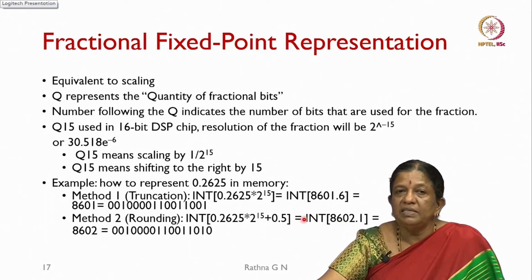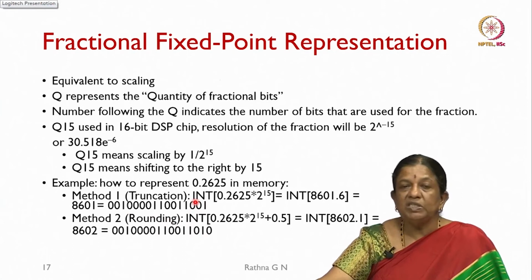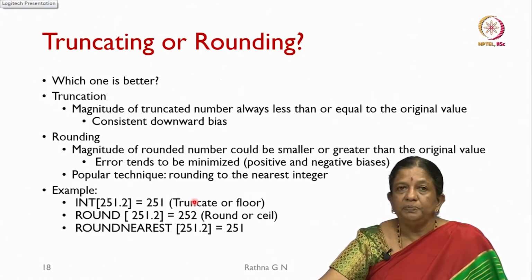So, the binary representation you will be seeing is for 8602 here. You have added 0.5, so the number has gone plus 1 in this case, so it will be 10. The rest of the numbers remain the same. This is the positive number we have represented.